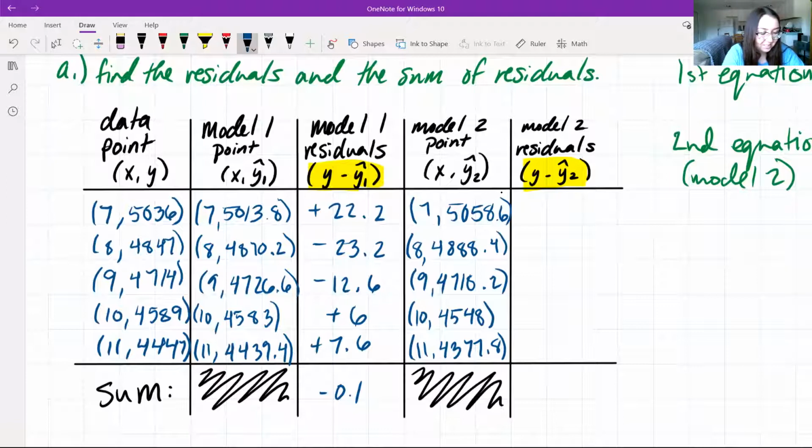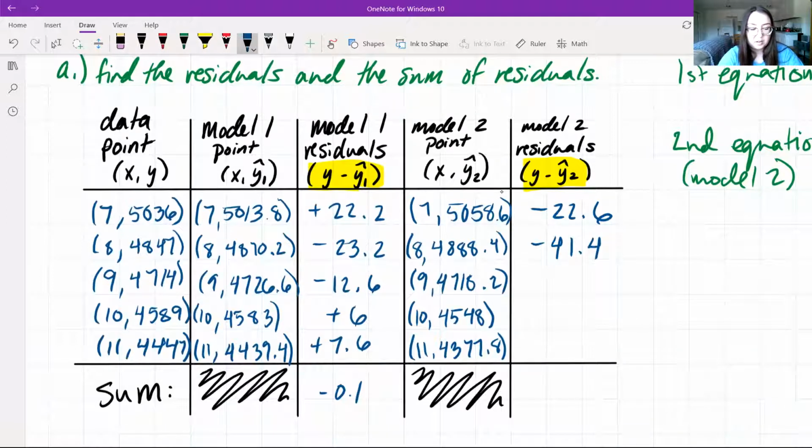And we find that our residuals from taking y minus y hat 2, so we would have 5,036 minus 5,058.6, and that's going to give us negative 22.6. Then for our second point, which is 8, we're going to take 4,847 minus 4,888.4. This is going to give us negative 41.4.